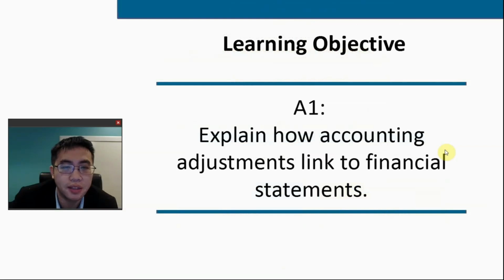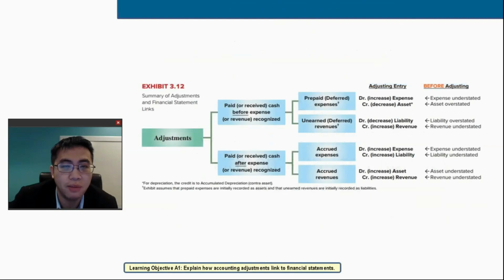All right, now let's study how these accounting adjustments work. First and foremost, let me do a grand summary of the deferrals and accruals we learned today. So the adjustments include deferrals on the top, which is the cash paid or received earlier, and then expense or revenue recognized later.